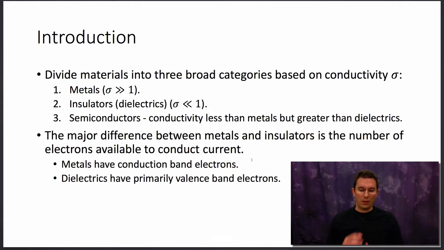Metals have electrons in the conduction band, so-called conduction band electrons, and dielectrics have primarily valence band electrons, which are more closely tied to the nucleus and don't contribute to conduction currents. So that's the 2-minute physics behind why some materials conduct electricity better than others.